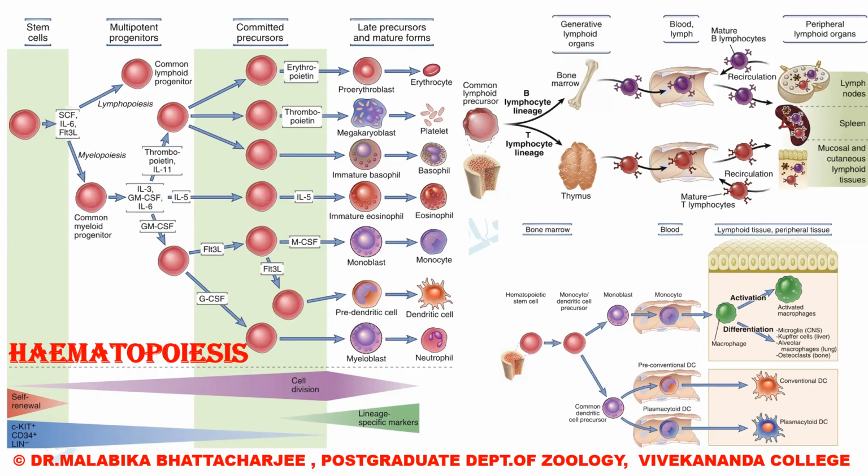So initially, it seems that the basophil, eosinophil, and the neutrophil, even though the names rhyme, do not come together. They do not come from the same committed precursor. There are definite cytokines which differentiate the committed precursors to give rise to eosinophil, basophil, and neutrophil.